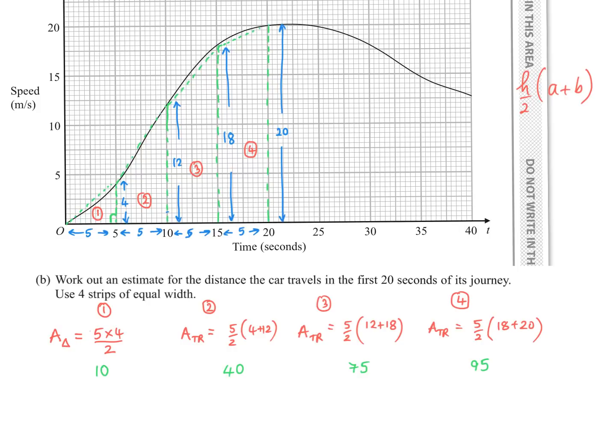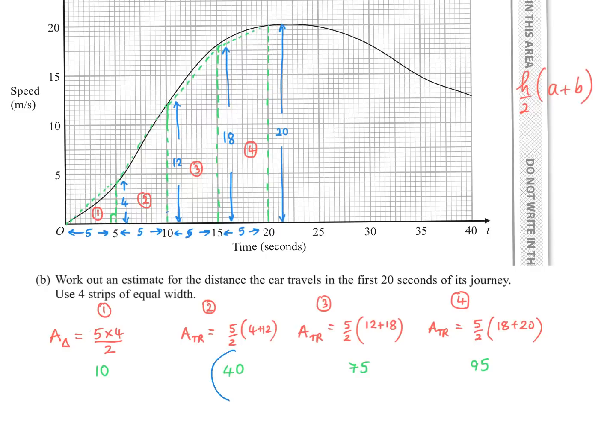One thing to mention for those that want to do this even quicker, and I know it comes up at A level, is for the trapezia, you could say that when you look at the trapezia, we've got 1, 2, 3 of them. These two share the same height, and these two share the same height. So what you could say is something like this.